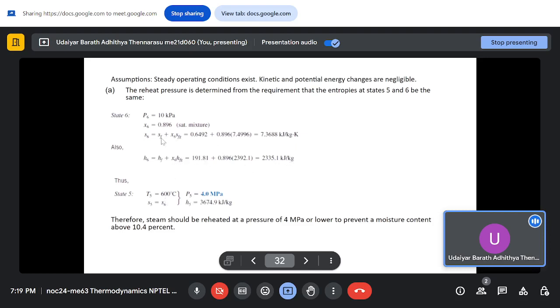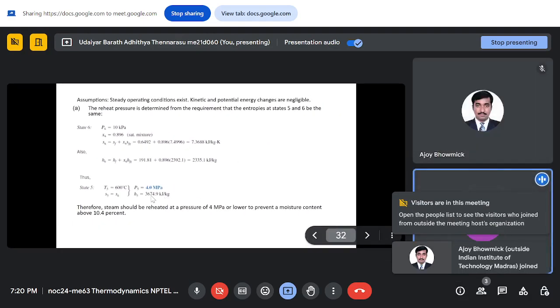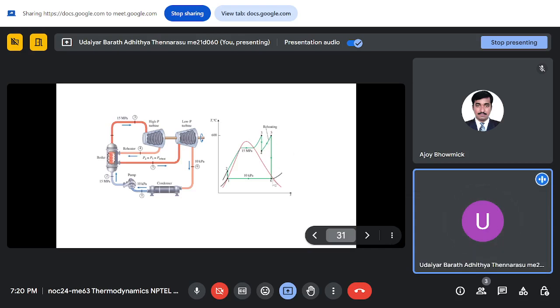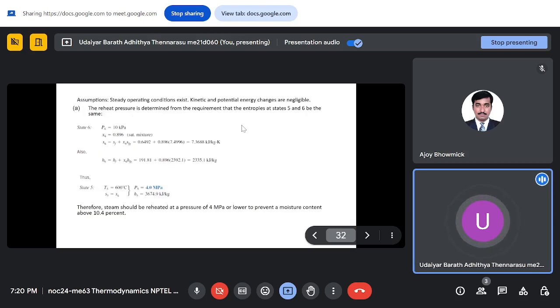Using the same entropy and temperature of 600 degrees Celsius, from the steam table you will find your pressure is 4 megapascal and your enthalpy corresponding to this entropy and temperature is 3674.9 kilojoule per kg. So we have found that in a reheat cycle, for your dryness fraction to be 89.6%, you need your pressure at the low pressure turbine inlet at 4 megapascal.